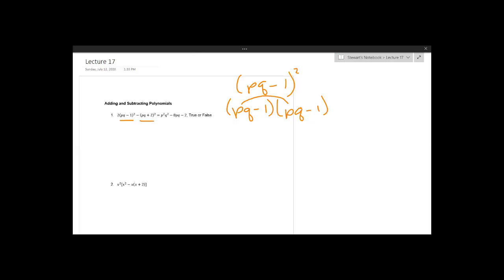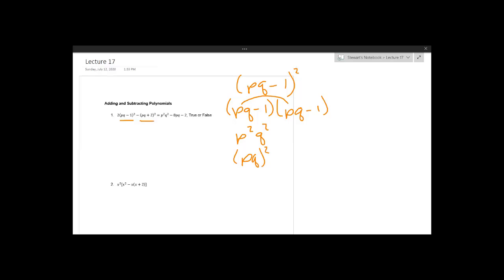When we multiply pq times pq, the p's can combine together. If you're multiplying them, they become p squared. The q's can also be combined together and become q squared, because you're multiplying them. Or if you want to think of it like a monomial squared, it can be the same as pq squared.